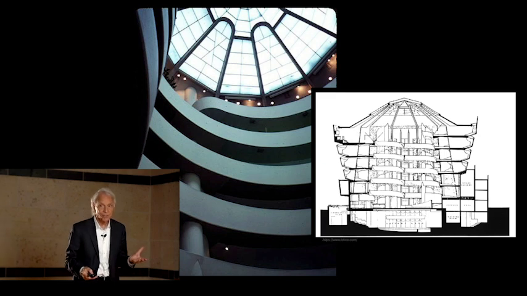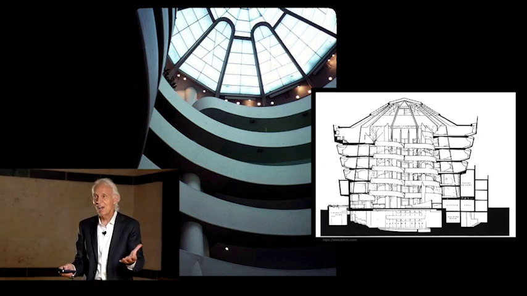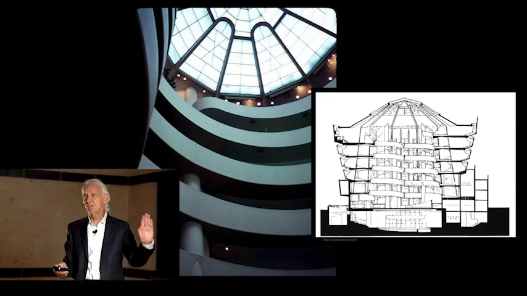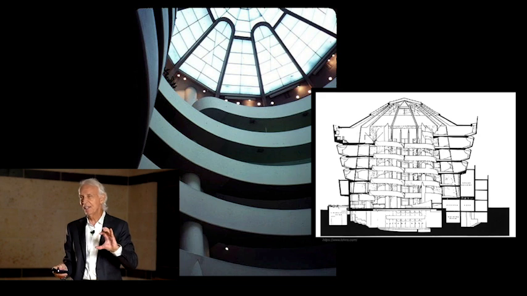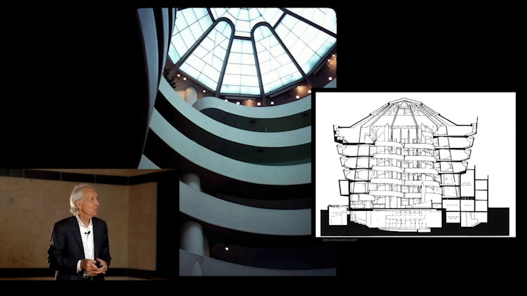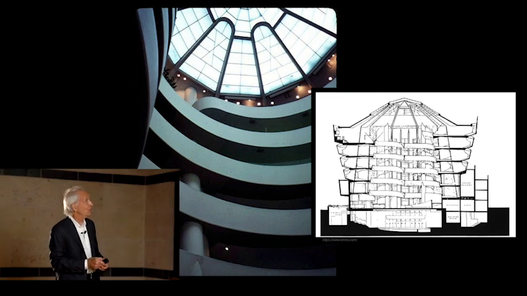And there's really not much to the building besides the geometry. He makes all the surfaces very spare, very clean, in order to emphasize the clarity, the kind of perfection of these circular geometries within the building.